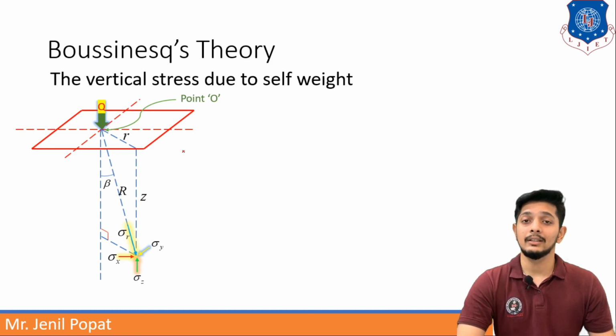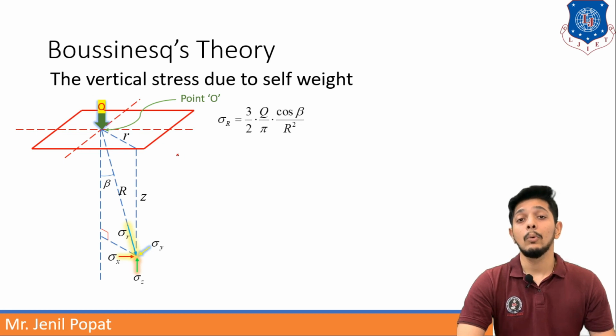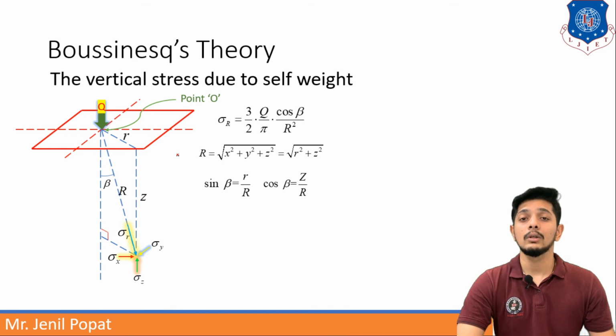Let us understand this by equations. Boussinesq gave the equation of vertical stress, or we can say geostatic stress, sigma z as 3 by 2 q by pi cos beta by R square, where R is capital. Capital R will be under root x square plus y square plus z square.